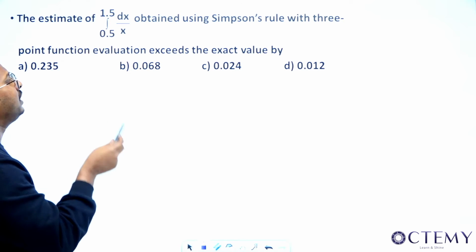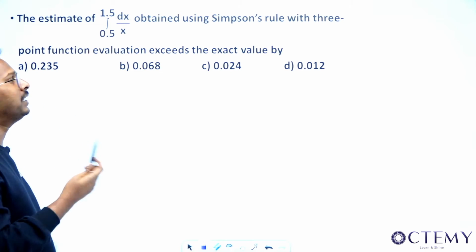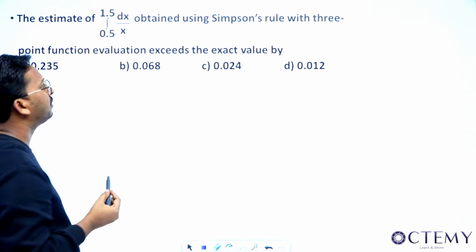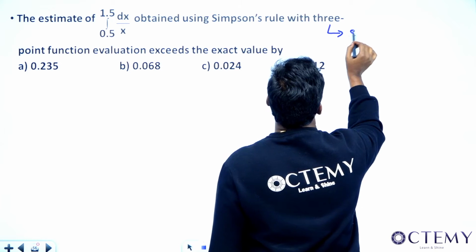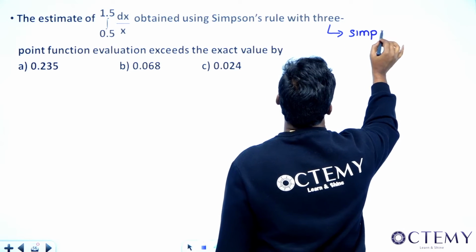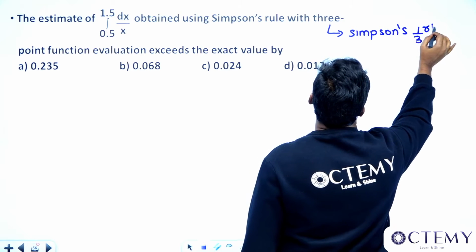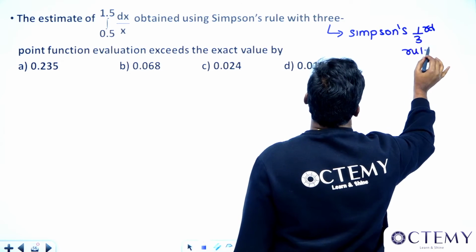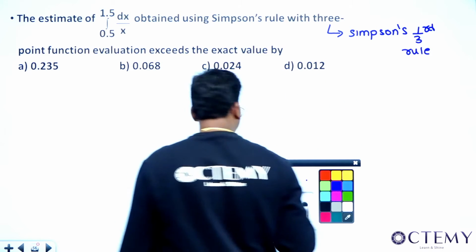The evaluation exceeds the exact value by how much? So he is asking what will be the difference between the exact value and the estimated value. Here it is basically Simpson's 1/3 rule only, because the 3-point function is also known as Simpson's 1/3 rule.